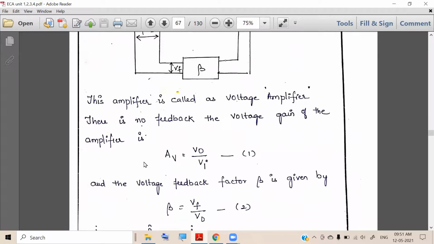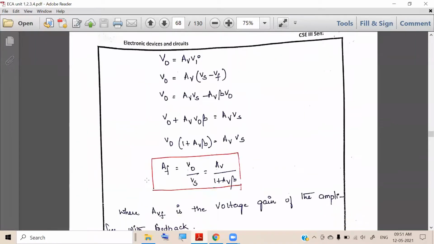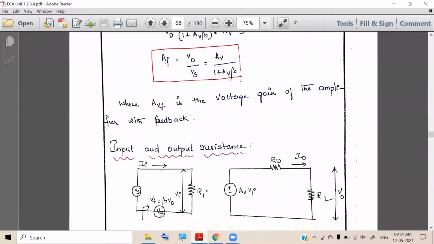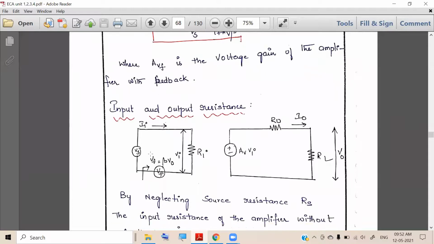That is the reason in the circuit that we considered, we are representing output voltage, then input also we are representing in terms of voltage. Additionally, the feedback signal we are showing here. For now, to avoid confusion, we are neglecting the source resistance.